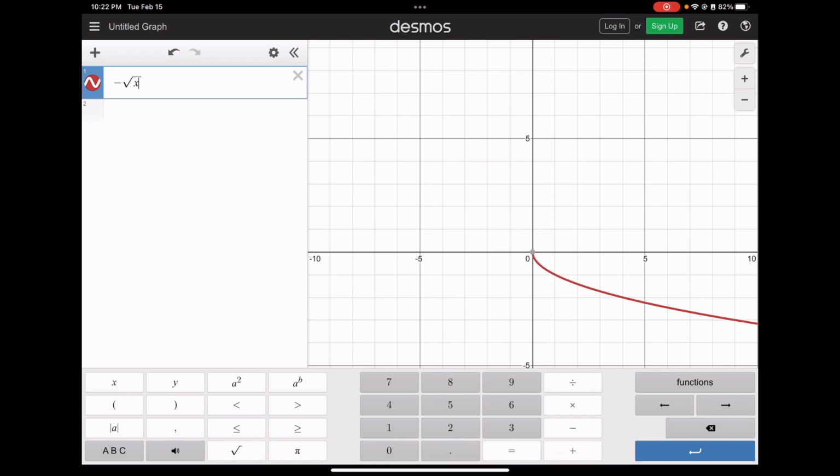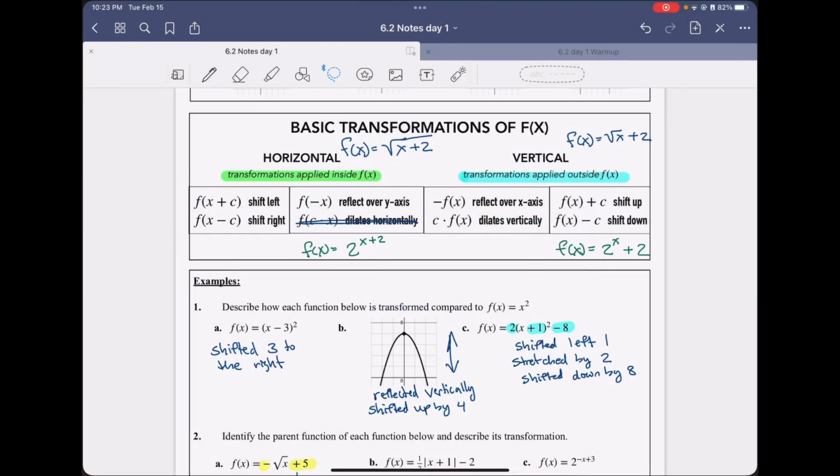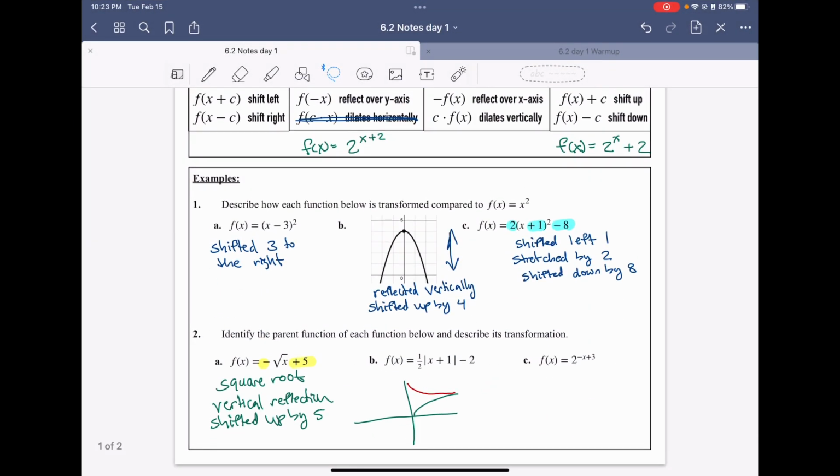And then plus, oops, I have to make sure to move over so I'm not inside my square root still, +5. And there we are. So, yep, that's what I thought it would look like. And just for reference, I'm going to just put what regular square root of x looks like. There we go. So there's where I started, and there's where I ended up. And so, yep, I was pretty close. Okay. All right. I'm going to erase my graph, though, so we have room for this next one.